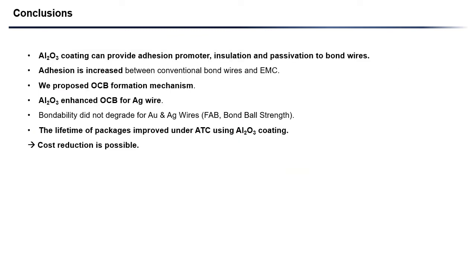For the conclusions, aluminum oxide coating can provide adhesion promoter, insulation, and passivation to conventional bond wires. Adhesion is increased by the introduction of aluminum oxide coating, and aluminum oxide coating enhanced OCB for the silver wire, and I show the same bondability, and the lifetime of the package improved during thermal cycles by making use of aluminum oxide coating.